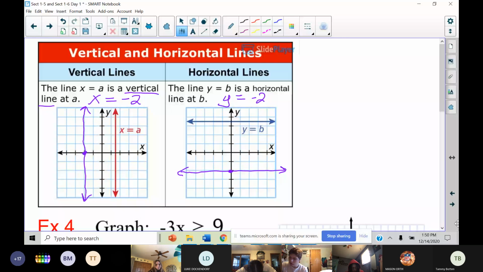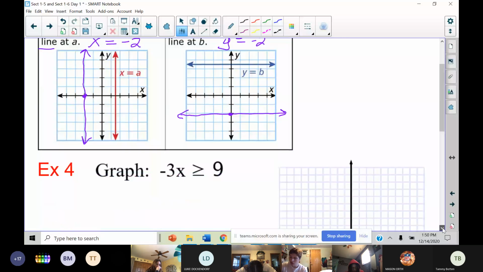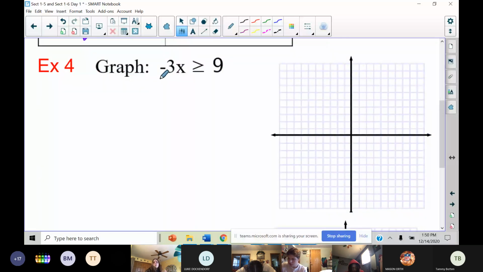So this one here, they want us to graph. To graph it, I usually have to solve for x or y, but I don't have a y now, so I'm just going to solve for the x. When I divide by a -3, you have to remember, because you divided by a negative, you're going to switch your sign. So it's going to be less than or equal to -3.